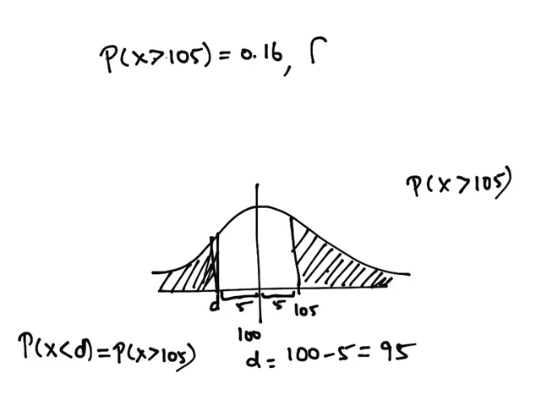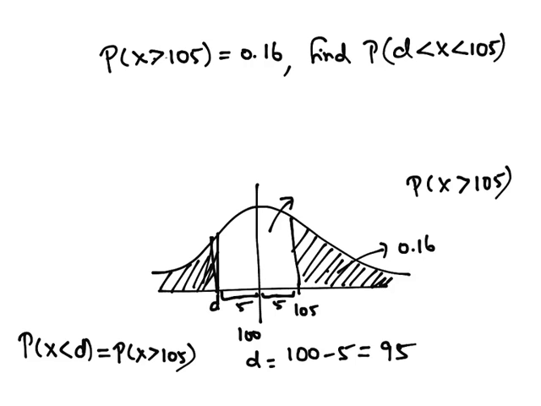And the third subdivision is, if P of X more than 105 is 0.16, then find the probability that X will take the value between d and 105. Now this area is 0.16, which means this area is 0.34, isn't it, students? 0.5 minus 0.16. Obviously this area will also be 0.34 because of the property of symmetry.